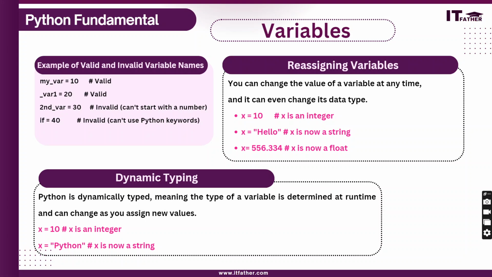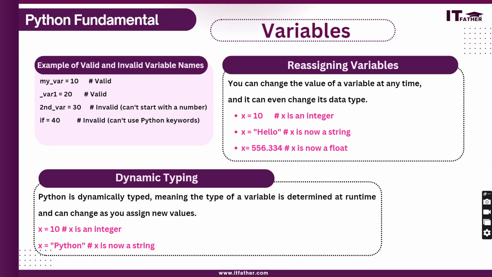It means if you have assigned x equal to 10, the type of the variable will be integer, meaning numeric, depending on the value. If later, in the next statement, you change the value of the same variable from 10 to hello how are you, now hello how are you is not a number, it is a string of text, so the type will change. In the same way, if you use a number with some decimal value, it will change to float.